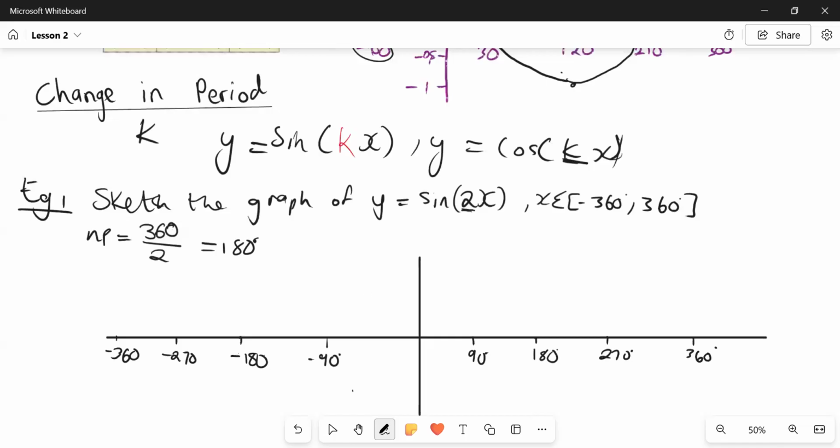Let me add these because they're important. Y values, you have your 1 there and your negative 1, on the x-axis.